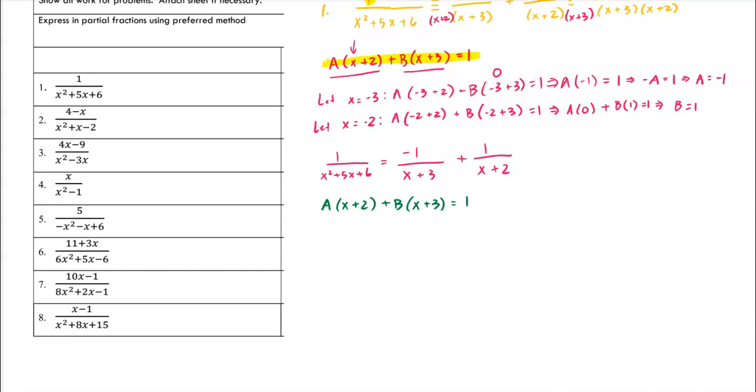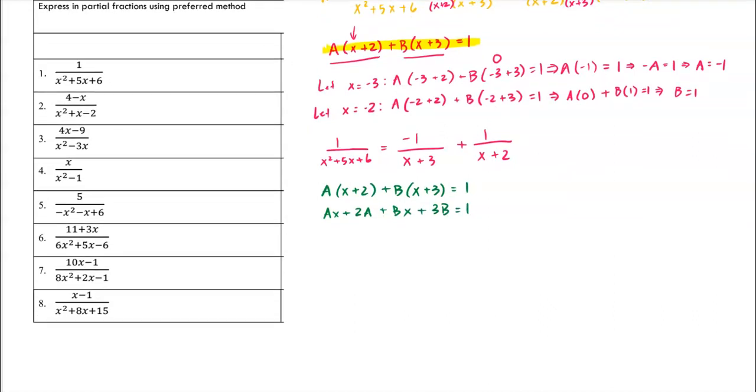And then let's go ahead and distribute: Ax plus 2A plus Bx plus 3B equals 1. And then let's group the x terms together: Ax plus Bx plus 2A plus 3B equals 1.